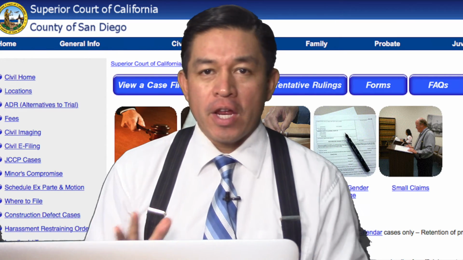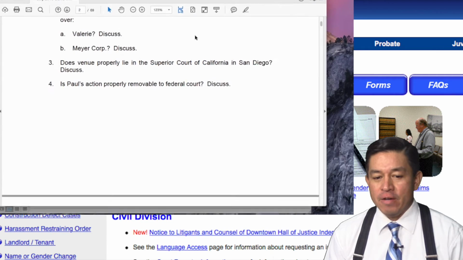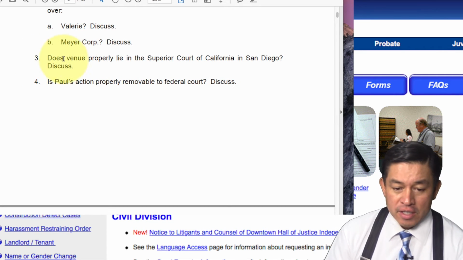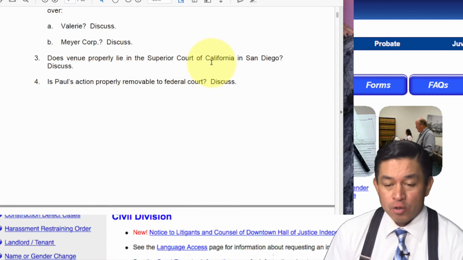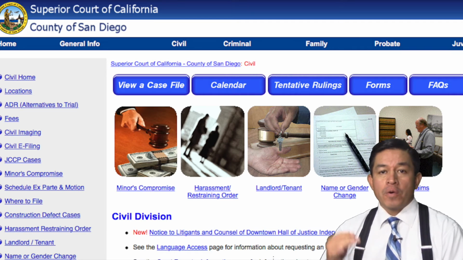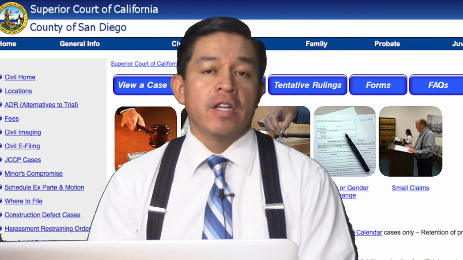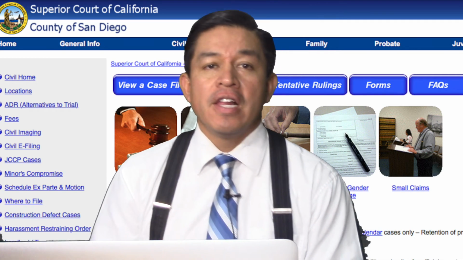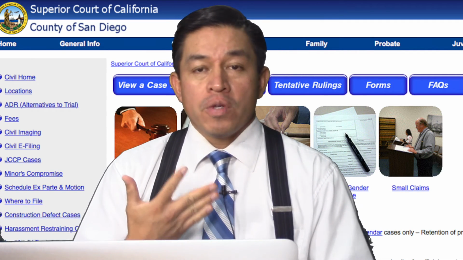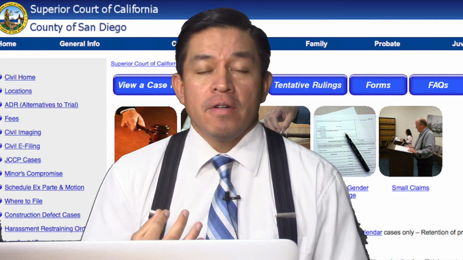Okay, question 3, and we're almost done here. This one is going to involve venue. It says, does venue properly lie in the Superior Court of California in San Diego? So earlier I stated that we were using the federal rules, and one of the rules that I could use is this: a judicial district would be proper where a substantial part of the events occurred.